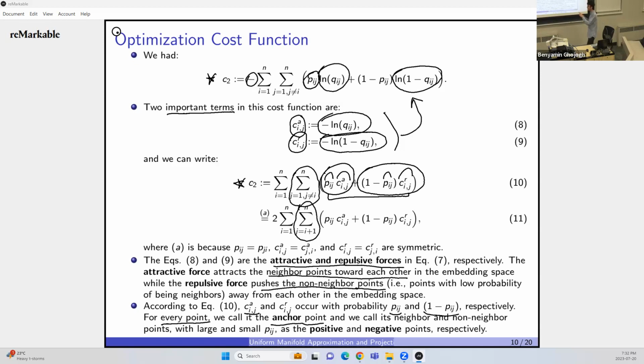We have triplets of anchor, positive, and negative points, where anchor and positive are similar, but anchor and negative are dissimilar. The attractive force pushes the positive point toward the anchor, and the repulsive force pushes the negative point away from the anchor, right? The attractive force occurs with probability Pij, and the repulsive force occurs with probability 1 minus Pij.